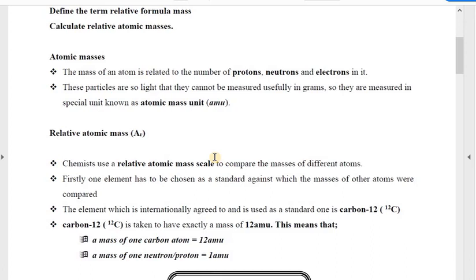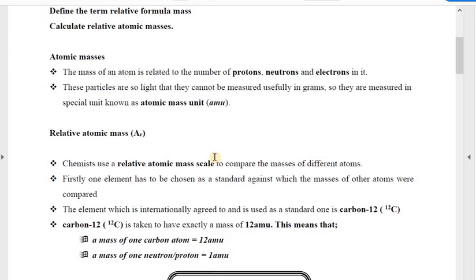So when we say we have measured the mass of sodium, and we have come up with the mass of sodium as being 23, this is just 23 AMU, which is a special unit. It's a special unit that is designed for us to be able to measure the mass of extremely small particles. Because remember, we are talking about subatomic particles.